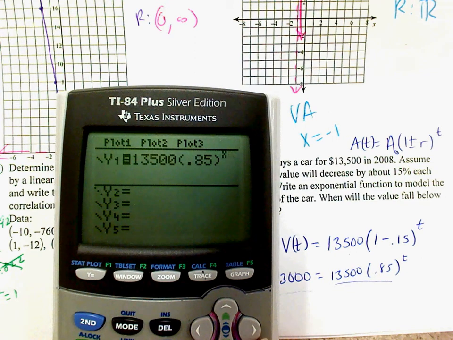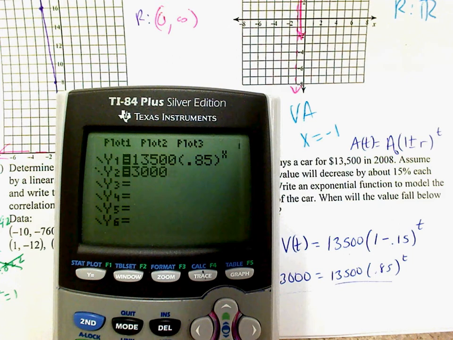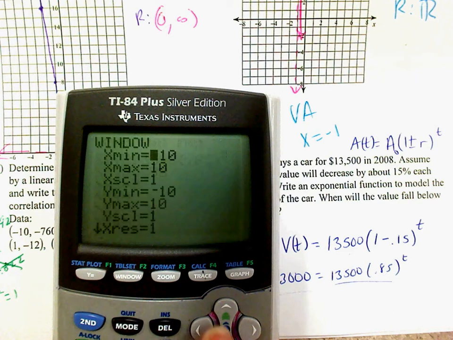Now we're talking about time, right? If I let the year 2008 be year 0, then for every x after that, I just have to add that many years to 2008 to find the year. We were talking about y values, so the initial value was 13,500. As far as x is time, I don't really care about before 2008, so let's go 20 years just to see.